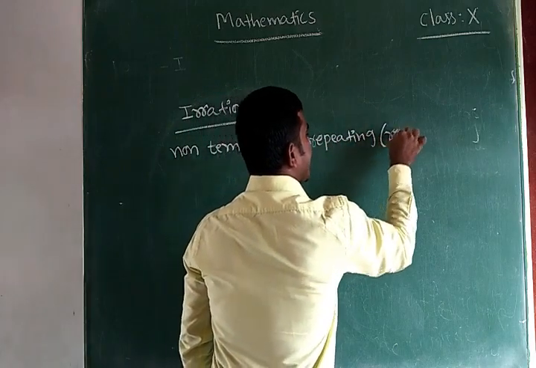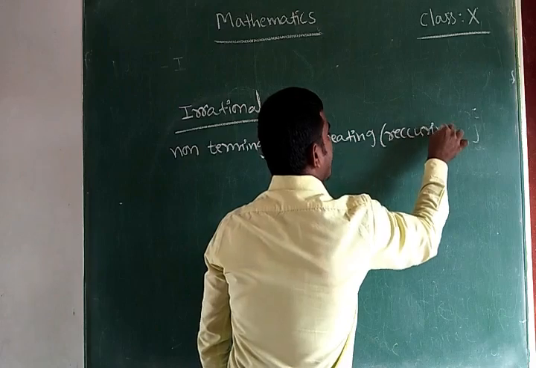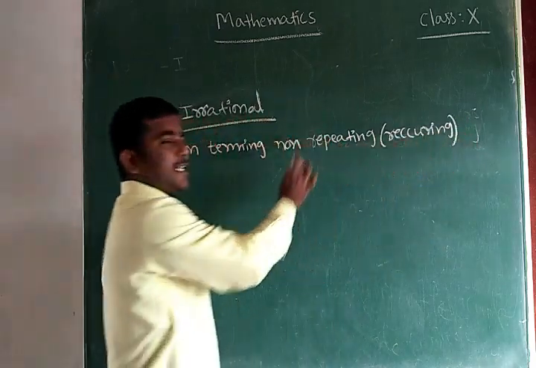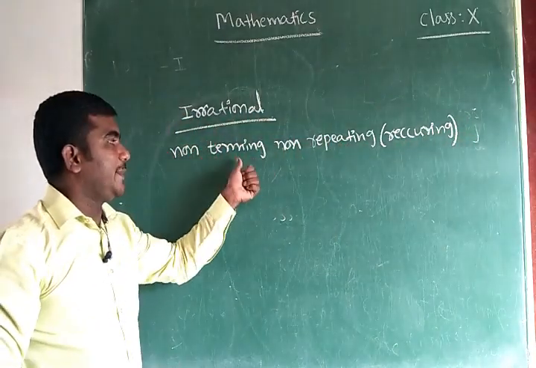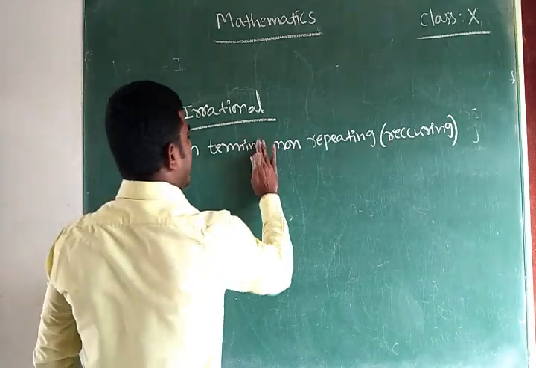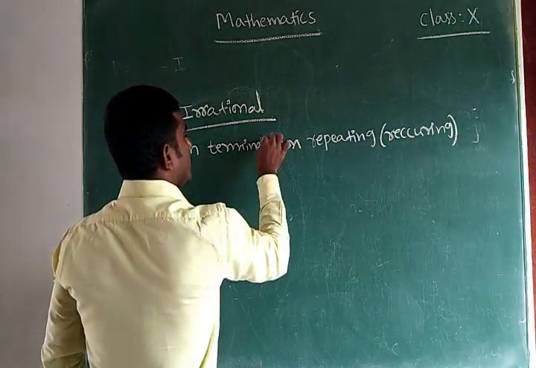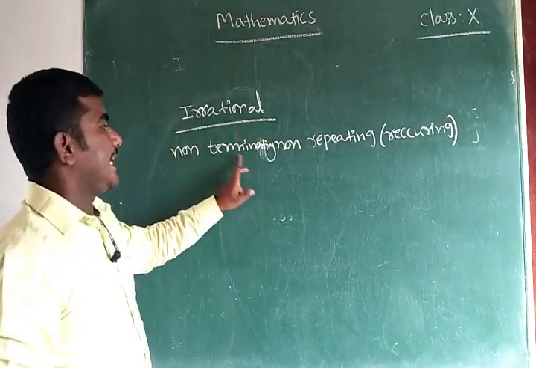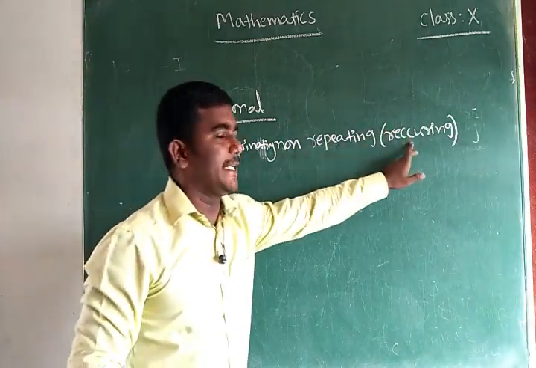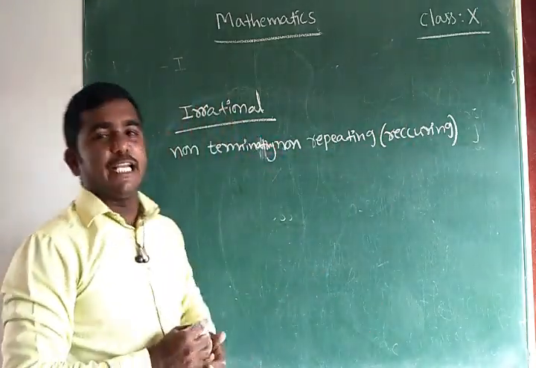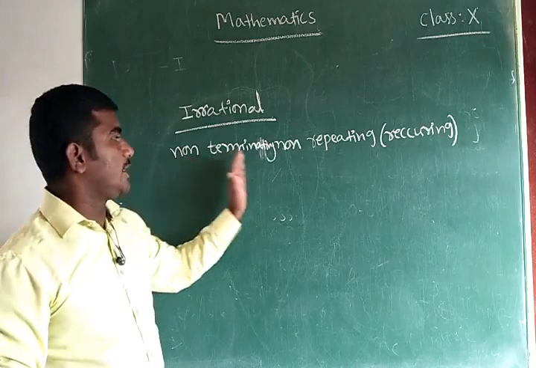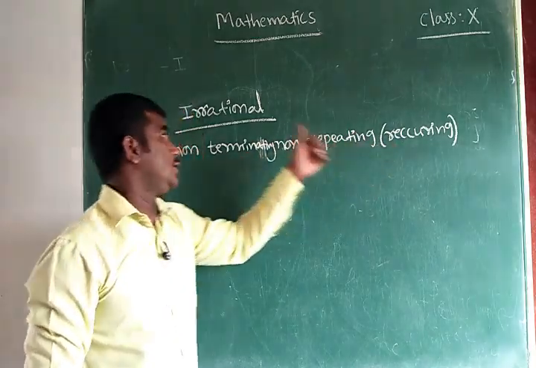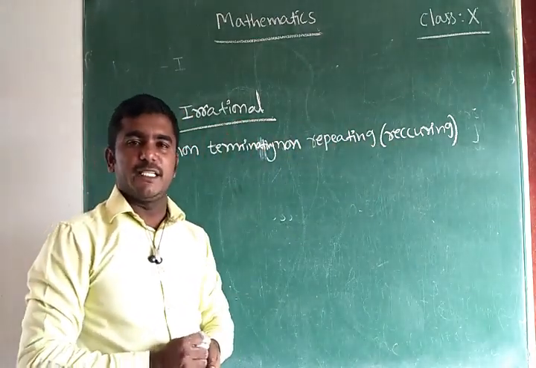Repeating we can also call recurring. Recurring is nothing but repeating. The meaning of recurring is repeating. All non-terminating, non-repeating values are called irrational numbers.